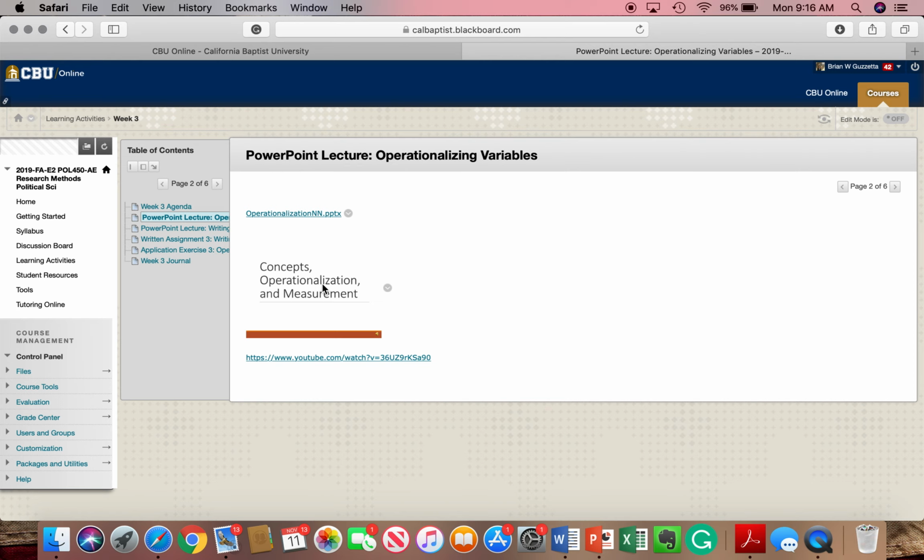The beauty of a research study is you get to operationalize the variables. So when it says, do people who go to CBU, people, as I've defined in this study, are students that attend CBU. Then, do they make better citizens? Whatever we're going to talk about.